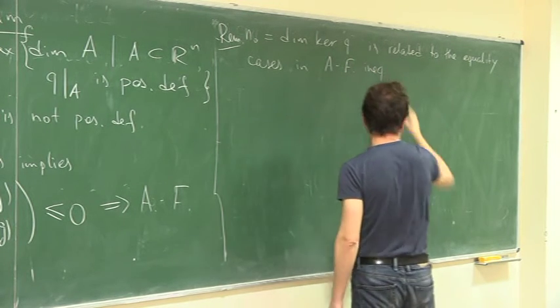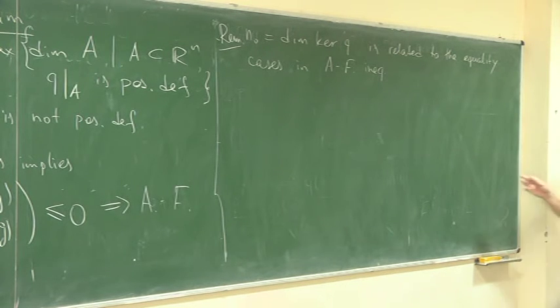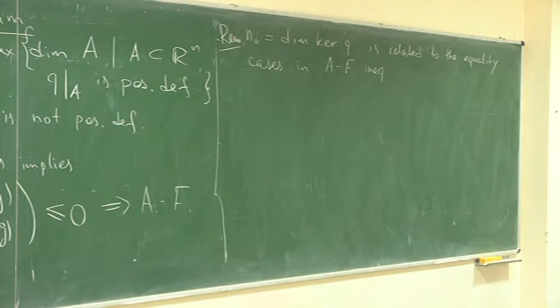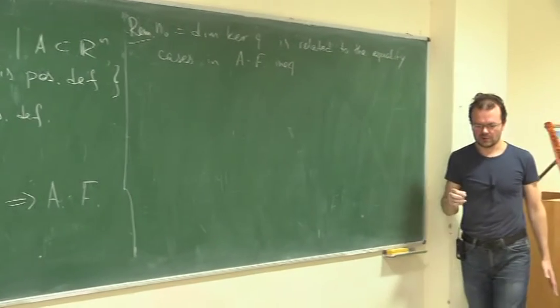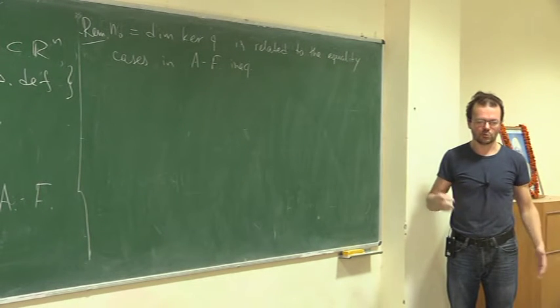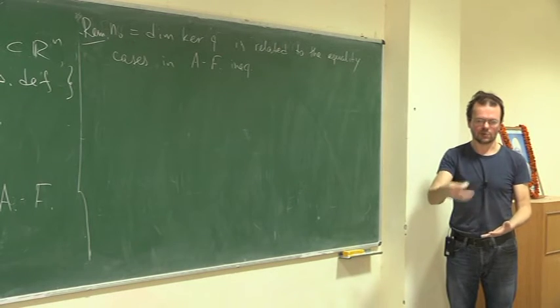In fact, for the polytopes, I'm not sure exactly in which cases the equality cases are not known. Maybe for polytopes they are known, but one cannot use approximation to find the equality cases. Even if you know the equality case for polytopes and you approximate something, then a strict inequality can become an equality in the limit.